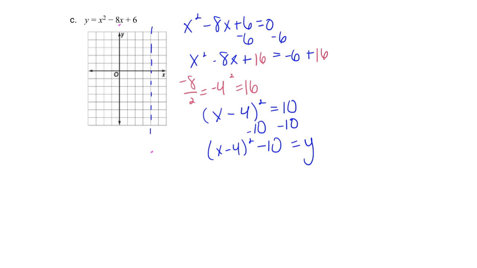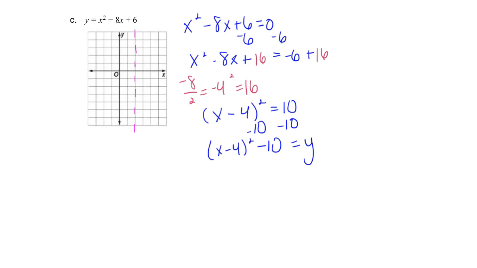Holy moly. Look, you know what? I'm going to graph it, and you should also, where each line accounts for 2. So our axis of symmetry is at 4, that's here.